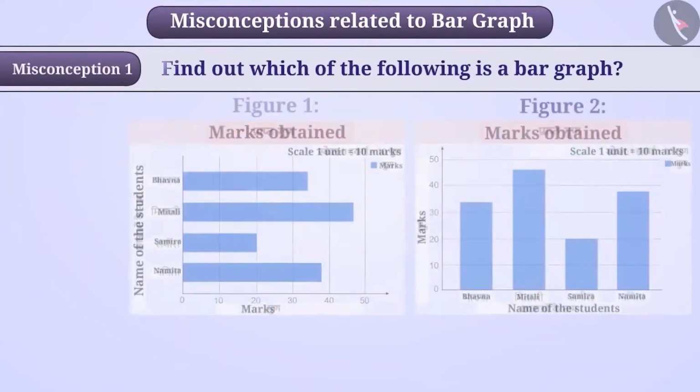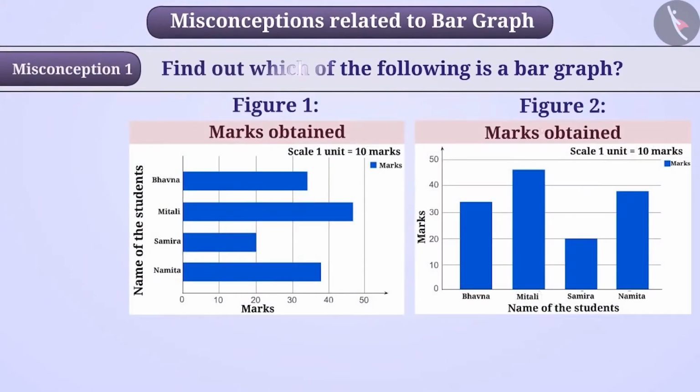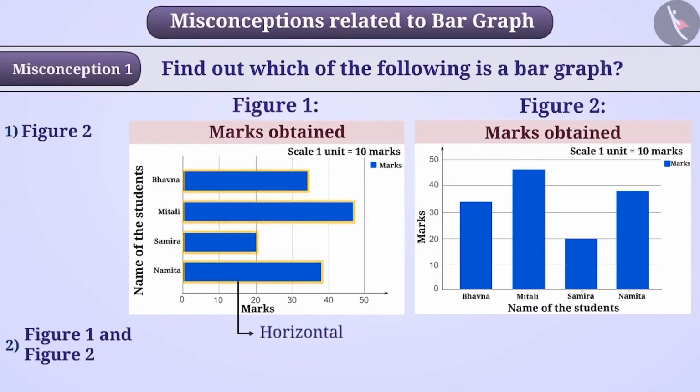Misconception 1. Find out which of the following is a bar graph. Here, the bars drawn in figure 1 are horizontal and the bars drawn in figure 2 are vertical.